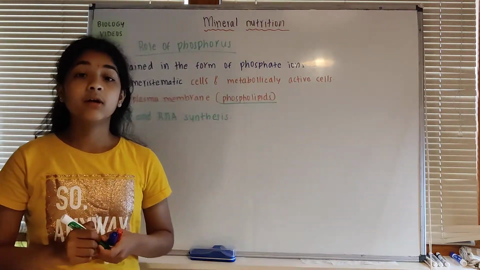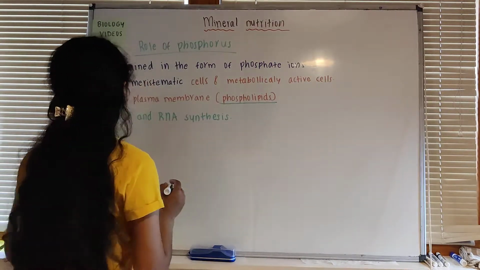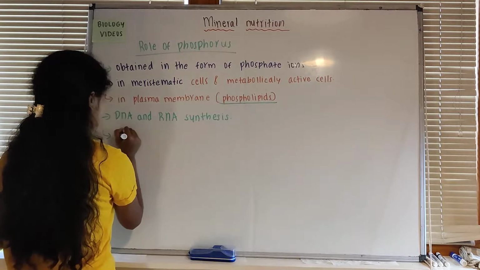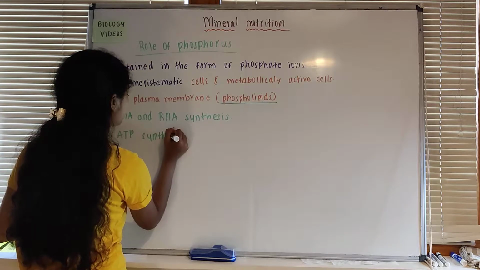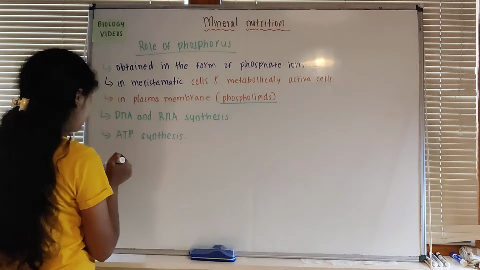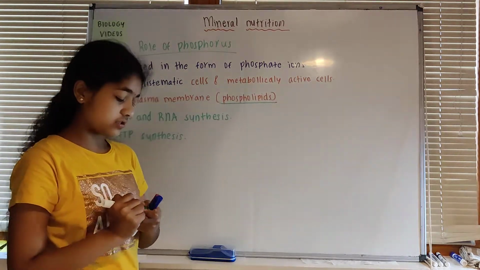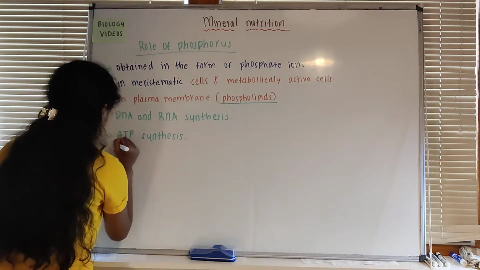The next thing, phosphorus is also required for ATP synthesis. This is very easy to memorize because, as the name tells us, ATP is adenosine triphosphate.